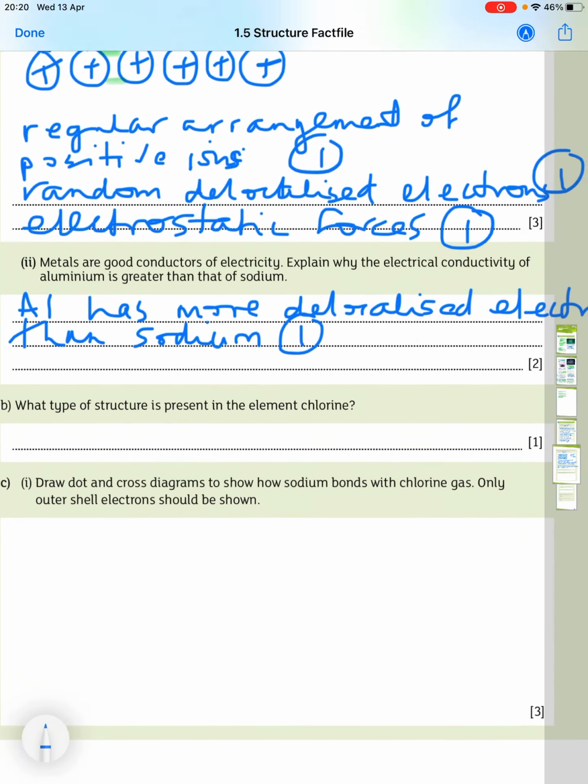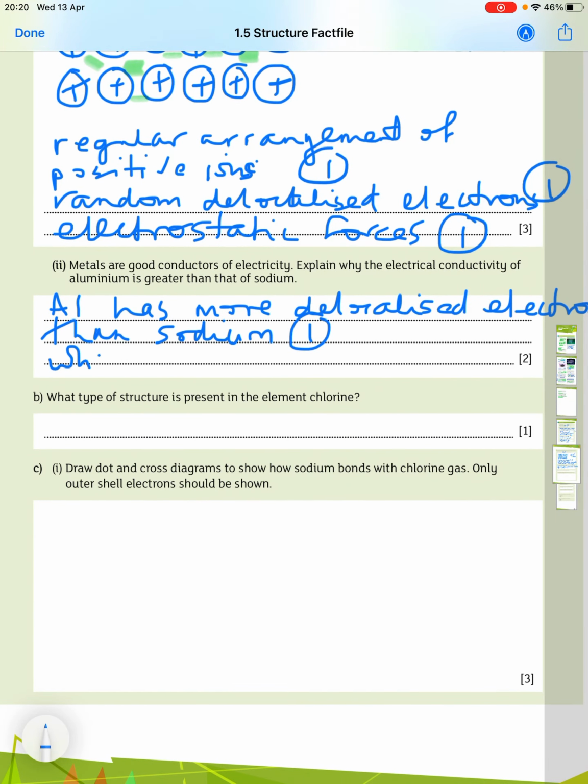So that's your first mark, and of course those delocalized electrons are the bits that move and carry the charge. So another mark for that. And of course aluminium's group 3, so it's Al3 plus, sodium's just group 1, Na plus. Aluminium loses 3 electrons for sodium's 1.